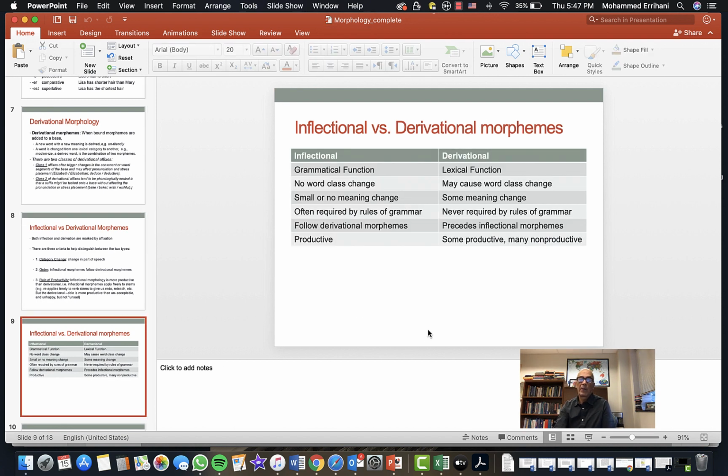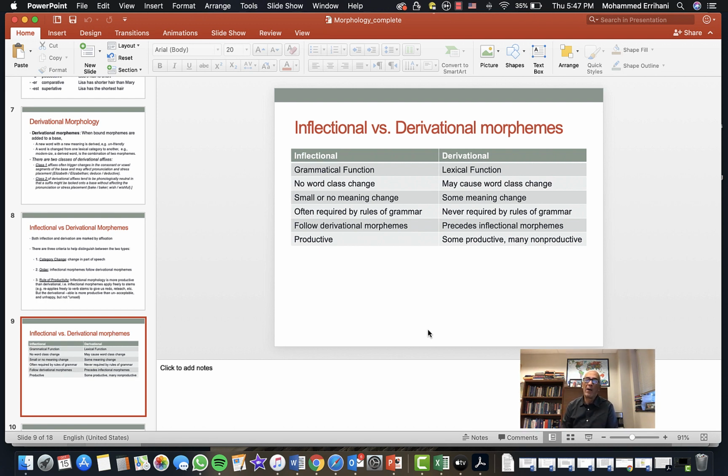Here's a little table that gives you more information about the distinction between inflectional and derivational morphemes. Inflectional morphemes have a grammatical function. The word class doesn't really change when you add an inflectional morpheme, and they're often required by rules of grammar.